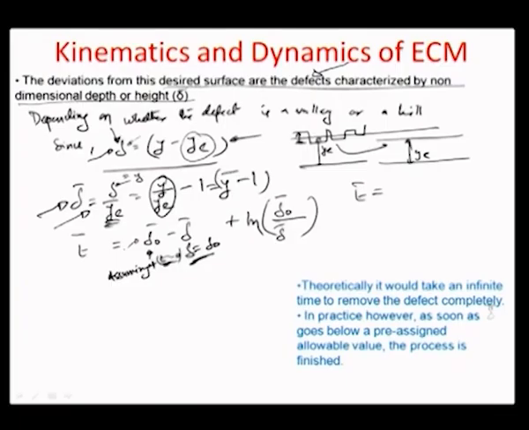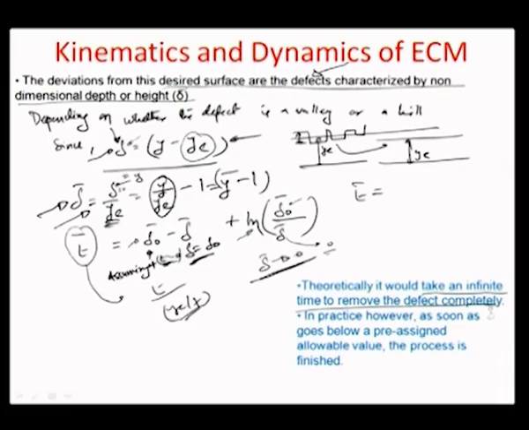Theoretically, if we look at when this delta would go to 0, okay, it would take an infinite time to remove the defect completely, because delta going to 0 means delta dash going to 0, and delta dash going to 0 means that this t dash, which is exactly equal to t divided by ye by f, if you may have recalled the way that time scale was defined, would also depend on this ln of 1 something by 0, okay, ln of infinity. So it is undefined.